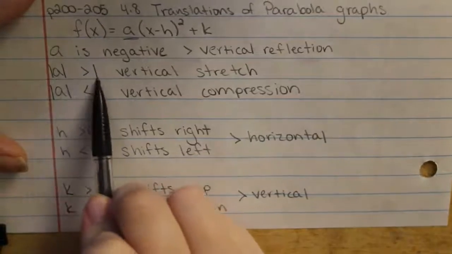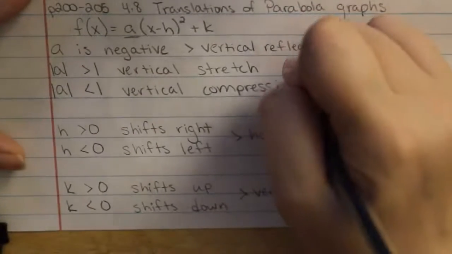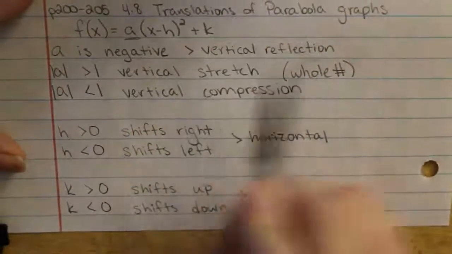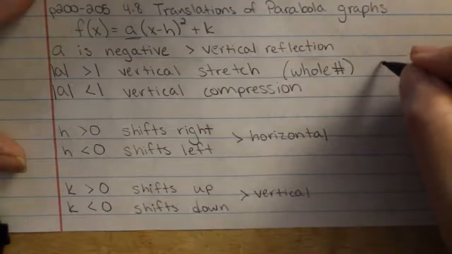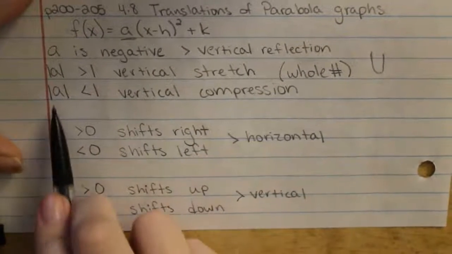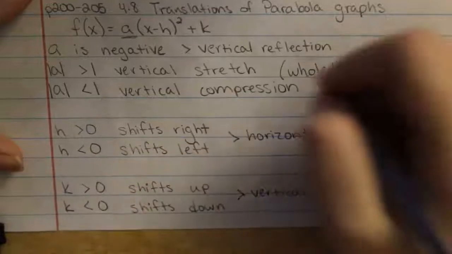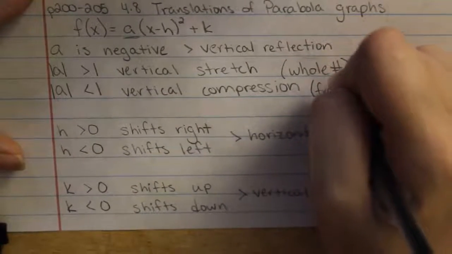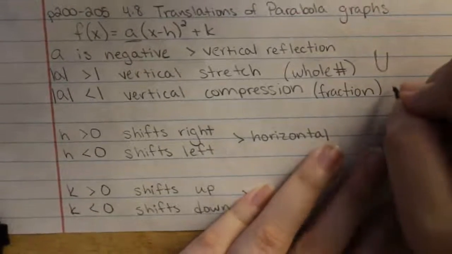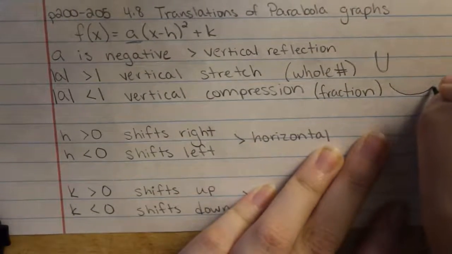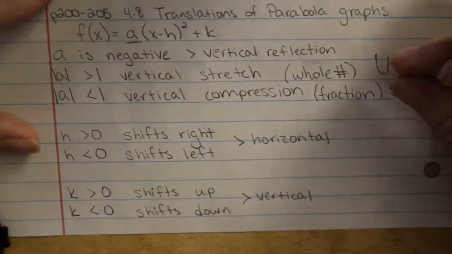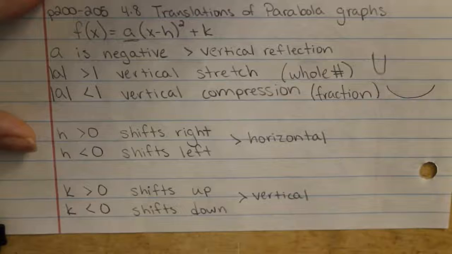If the absolute value of a is greater than 1, so if it's a whole number, it's actually a vertical stretch. So it's going to make it look tall and thin, okay? If the absolute value of a is less than 1, so if it's a fraction, it's a compression. So the fractions, the compressions are going to make them look like the really wide ones. Okay, so it compresses it down. Whereas if it's a whole number, it's going to stretch it out.